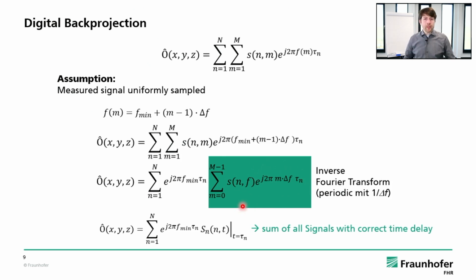We can replace the entire sum just by the Fourier transform and do it far more efficiently. One has to be a bit careful. A Fourier transform is a periodic operation, so depending on your frequency spacing, you might see your objects at a higher distance again.